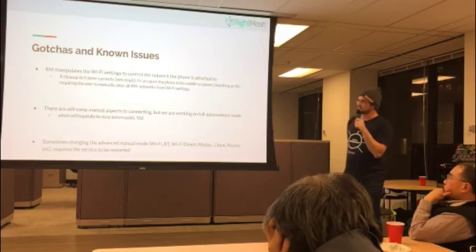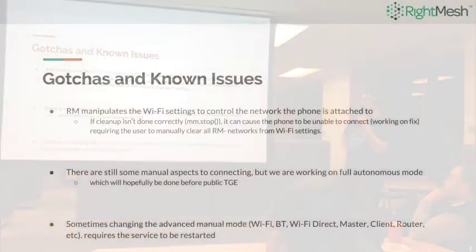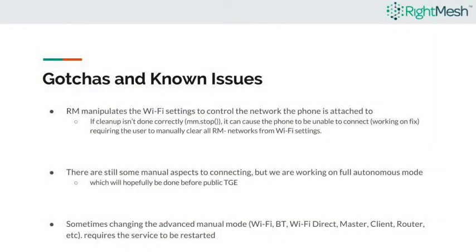A couple of gotchas and known issues. One of the biggest is that RightMesh manipulates the Wi-Fi settings on the phone to force it into connecting to certain networks at a given point in time. If, for example, the cleanup isn't done correctly, then the settings on the phone get a little screwed up.